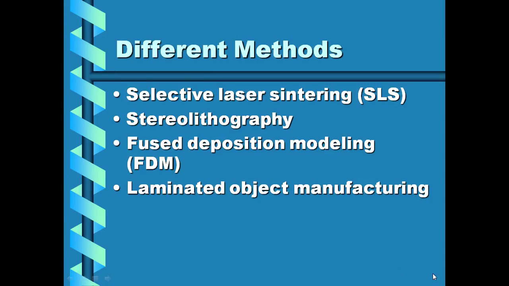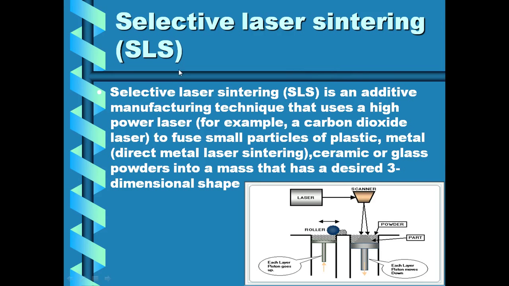First of all, we have selective laser sintering, SLS as it is called. We have stereolithography, then fused deposition modeling and laminated object manufacturing. There are various methods available. Let us talk about selective laser sintering.